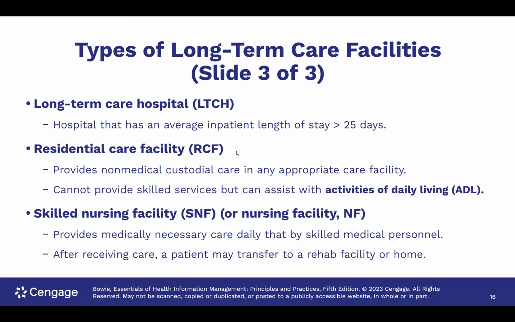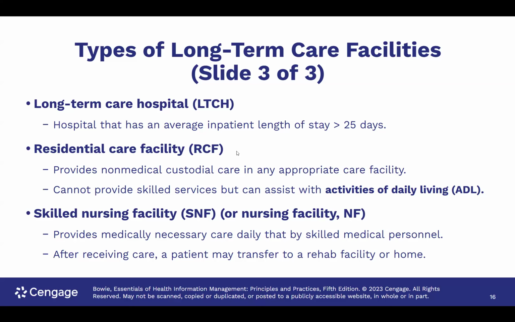Sometimes the patients will be referred to as custodial residents or custodial nursing home patients. And then instead of the type of nursing care that somebody in long-term care would get, they don't get that level of skilled services, but they get assisted with the activities of daily living, getting dressed, showering, and so on.